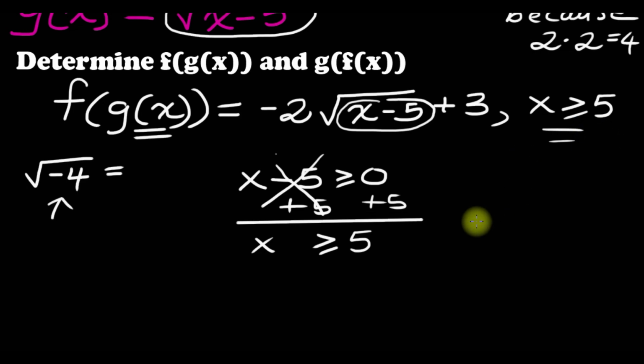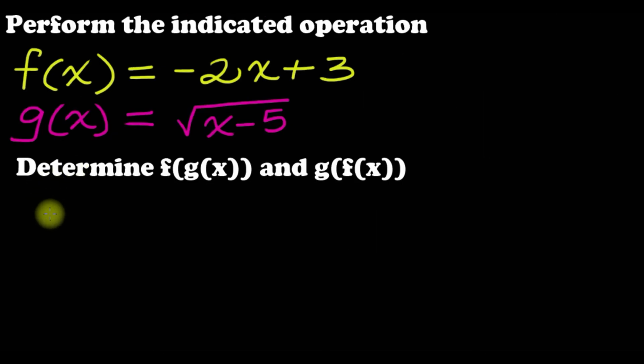So I hope that makes sense in terms of your domain and your input. x is your domain and your input. What number can you plug into x and be able to evaluate? Okay, so here you have g of f of x.